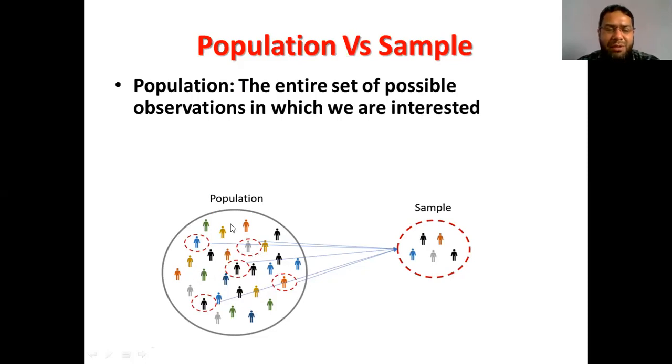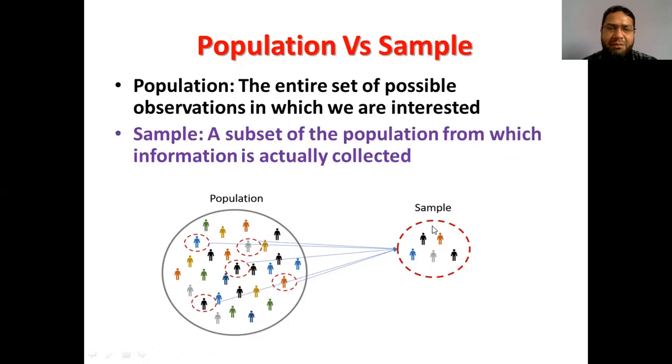But out of this population, since it is not possible to take each and every individual, what we do is select certain individuals which we call the sample. And on the basis of the sample, we make our observations. So a sample is a subset of the population from which information is actually collected. For example, we want to see the incidence of obesity. We want to see the age.